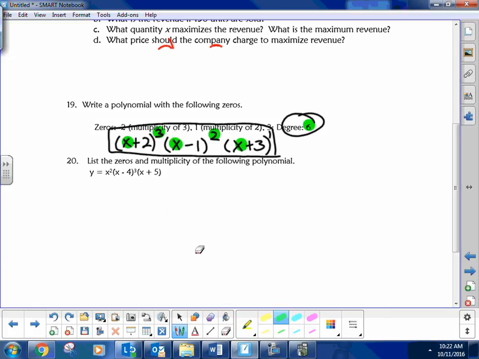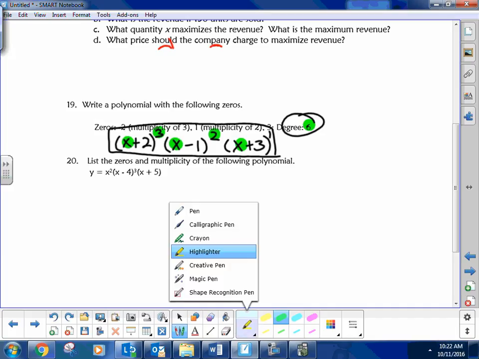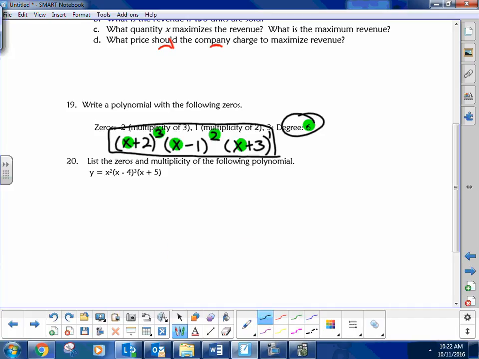Okay, list the zeros and their multiplicities. Now, this is going to produce a 0, and it has a multiplicity of 2. I'm going to guarantee you the one at 4 because it's always opposite of each of the factors, with the multiplicity of 3.